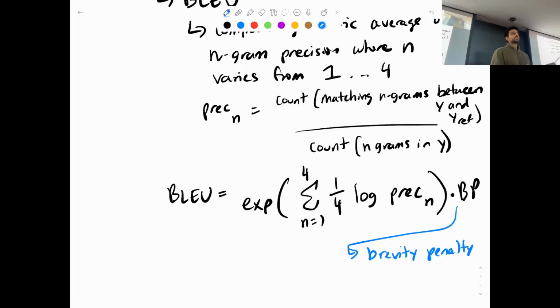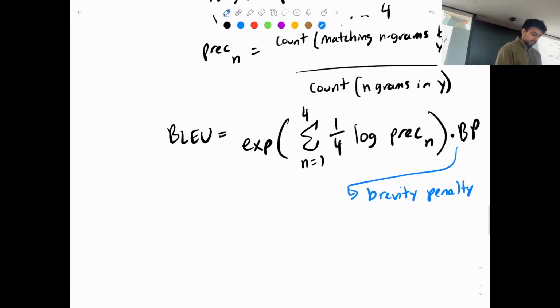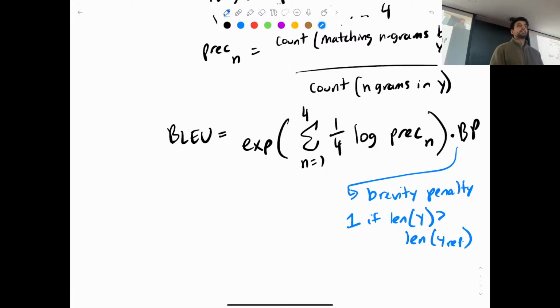However, your translation's obviously bad, right? And so BLEU includes this brevity penalty, which is 1 if the length of the candidate is greater than the length of the reference. So if you've generated more words than there are in the reference, you're not going to have this issue where you're kind of gaming the metric.